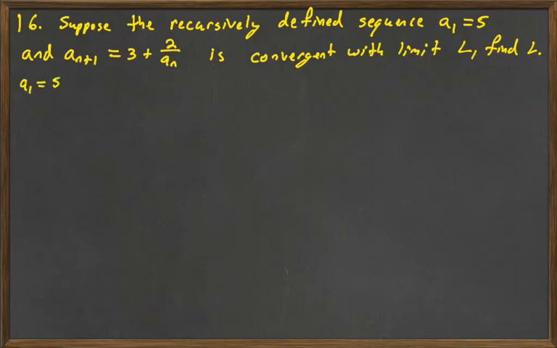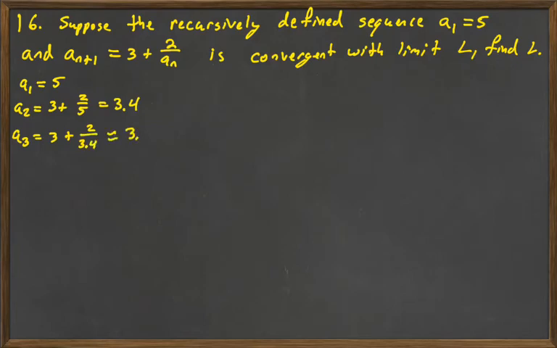So a sub 1 is going to be 5. a sub 2 is going to be 3 plus 2 over a sub 1. So that'd be 3 plus 2 over 5, which is approximately 3.4. a sub 3 is going to be 3 plus 2 over the previous term, which is 3.4.